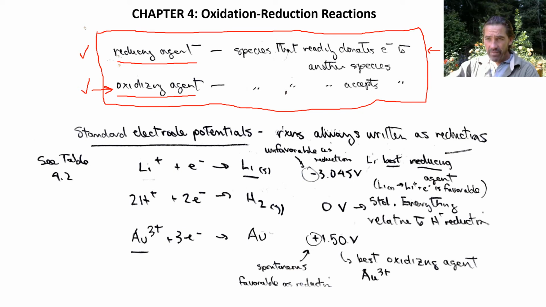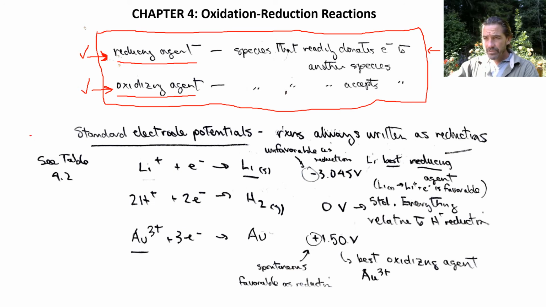So think about that. In a reaction that is spontaneous and actually happens, you will have on the reactant side an oxidizing agent and a reducing agent. You will have something that becomes oxidized and something reduced. You must have electrons transferred in order to have a redox reaction.